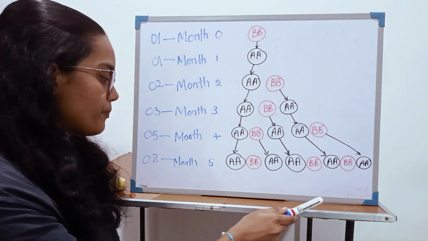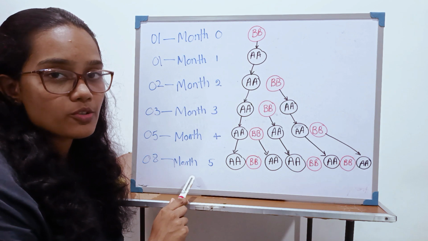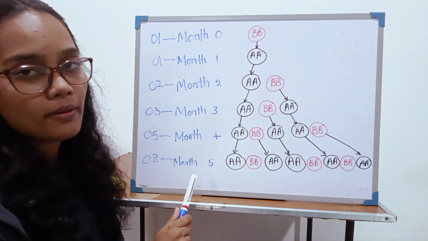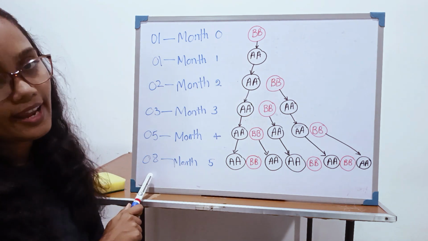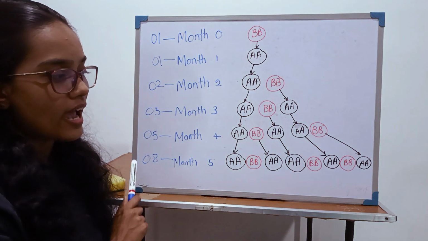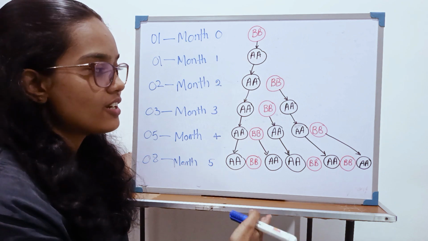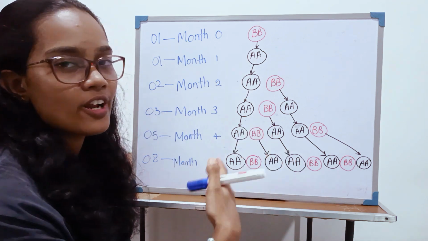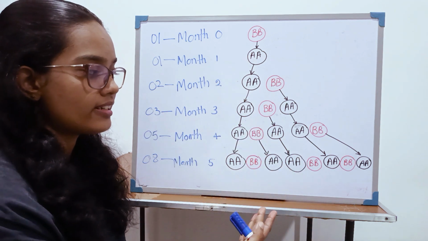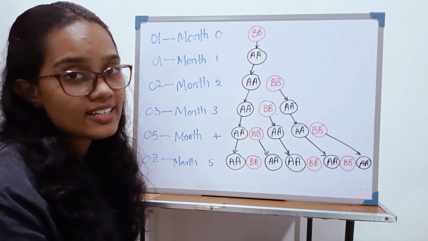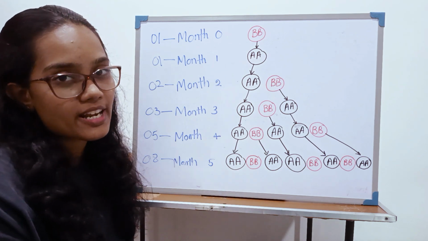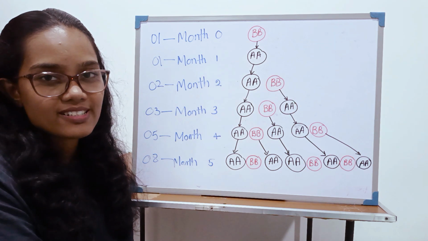So when it comes to month 5, the total pairs of rabbits is 8. As you can see, we can continue this on and on, and let us discuss the problem statement of this rabbit problem next.